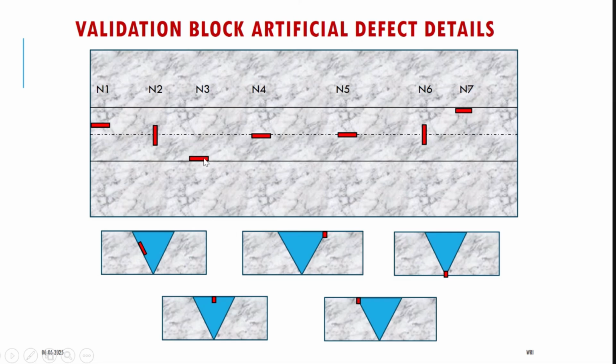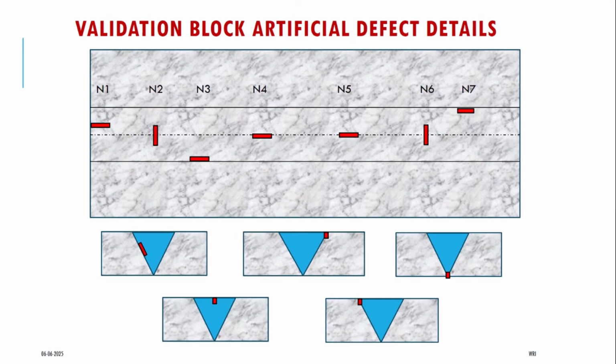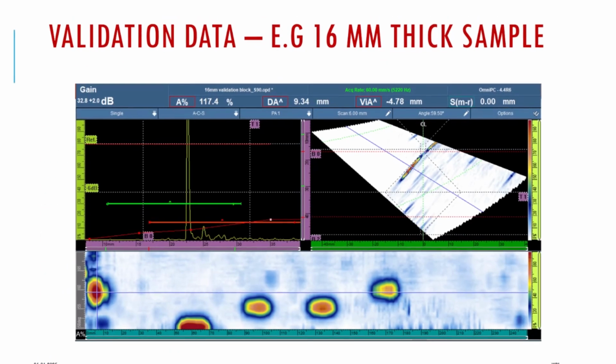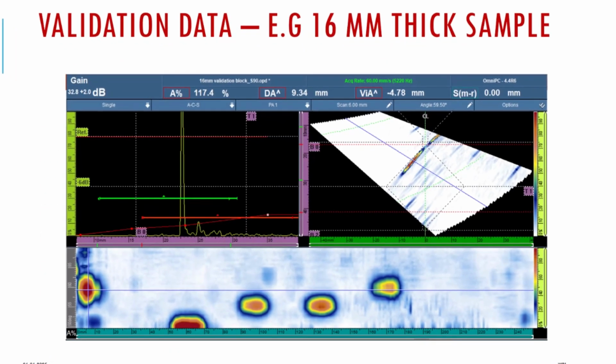Sorry, N4 is a cap center line defect. Like this, we create many defects in the validation block. According to our scan plan, all the defects should be detected by our scan plan. These are all the defects.